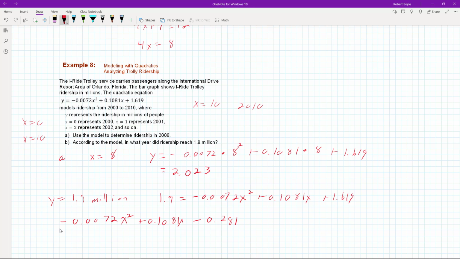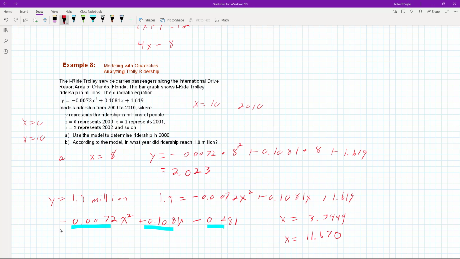Now to solve this, you're going to have to use the quadratic equation where this right here would be A, this right here would be B, and of course that would be C. Now if you solve it, and I'll let you work that out on your own, what you will find is that x will either be equal to 3.3444 or x is going to be equal to 11.670.